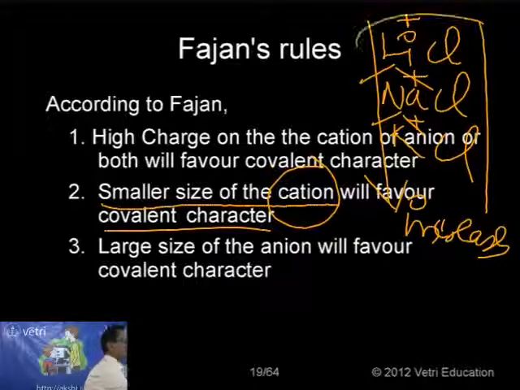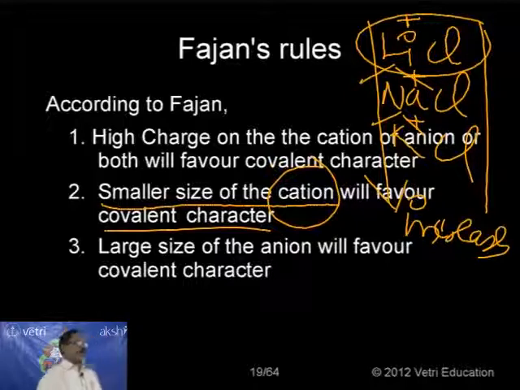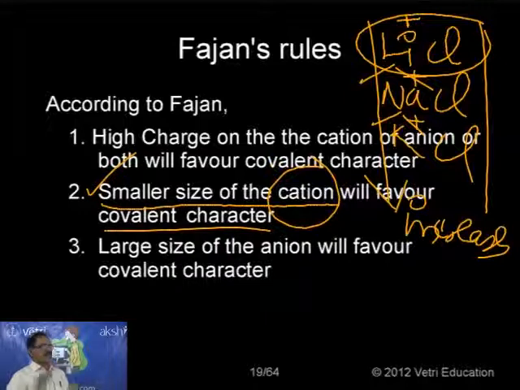So lithium chloride is more towards covalent when compared to sodium chloride and potassium chloride. So lithium chloride is less ionic, or more towards covalent character. That we can compare with the second rule of Fajan: smaller size of the cation will favor covalent character. This is very interesting information we are getting from Fajan's rule. Okay, let me go to the next rule.